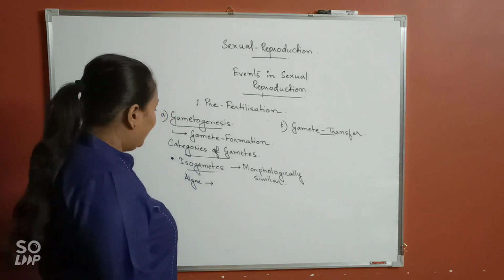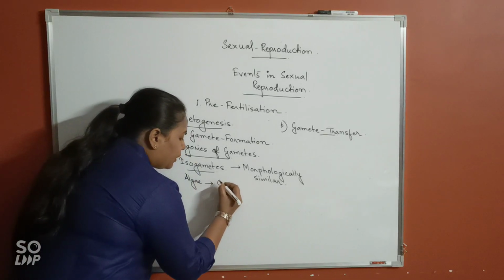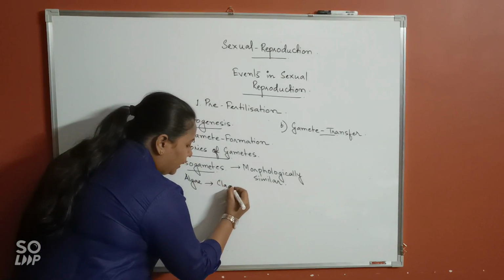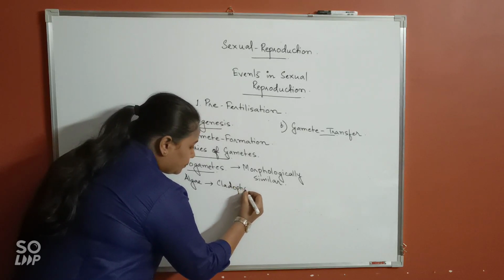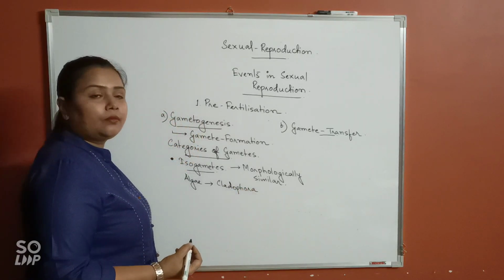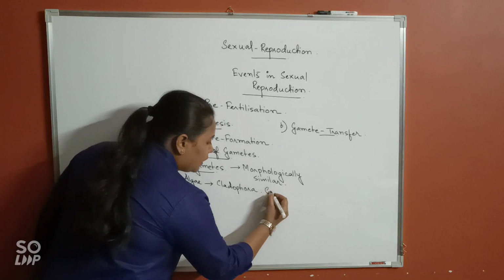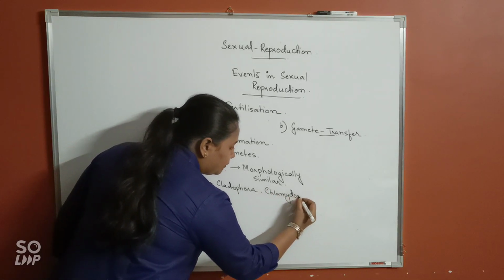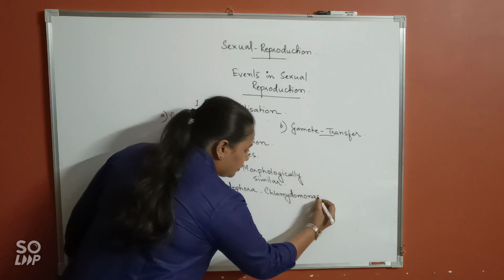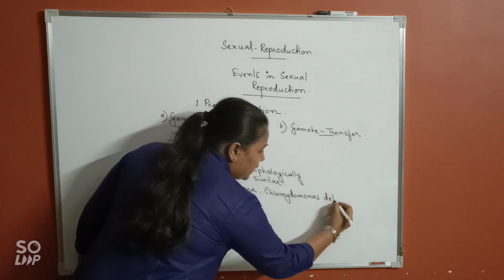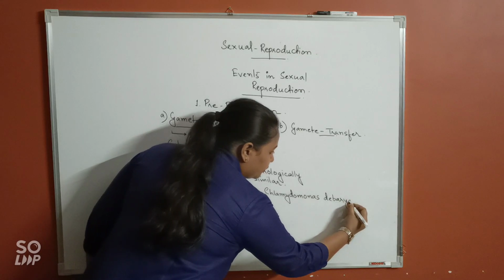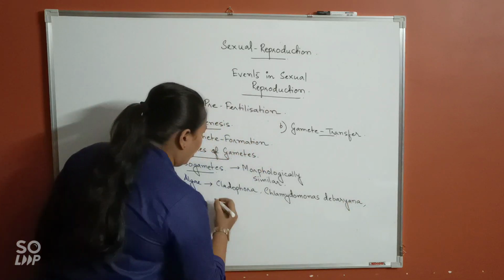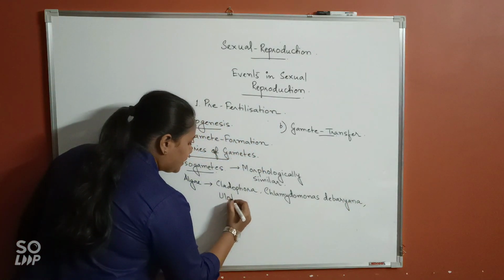So in algae, we can take the example of Cladophora or Chlamydomonas, Dabriana or Ulothrix.